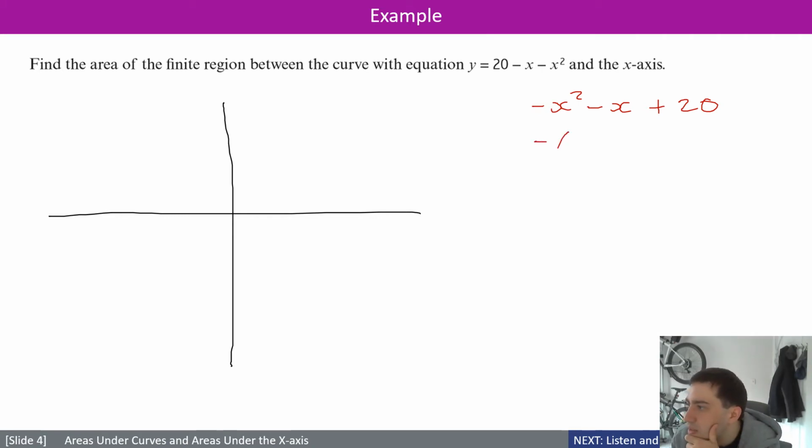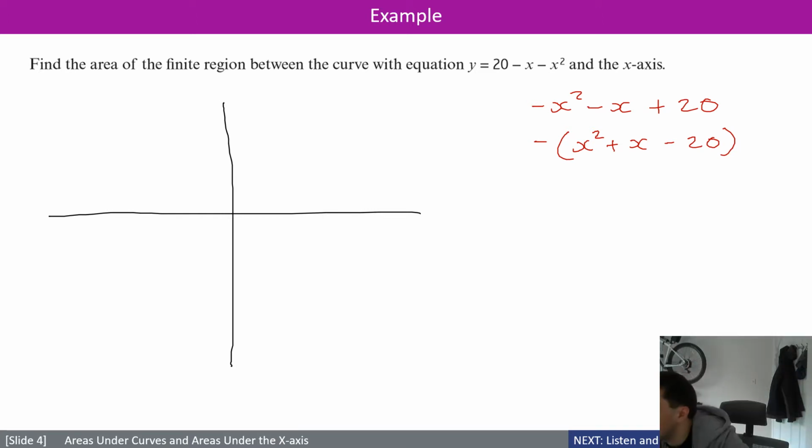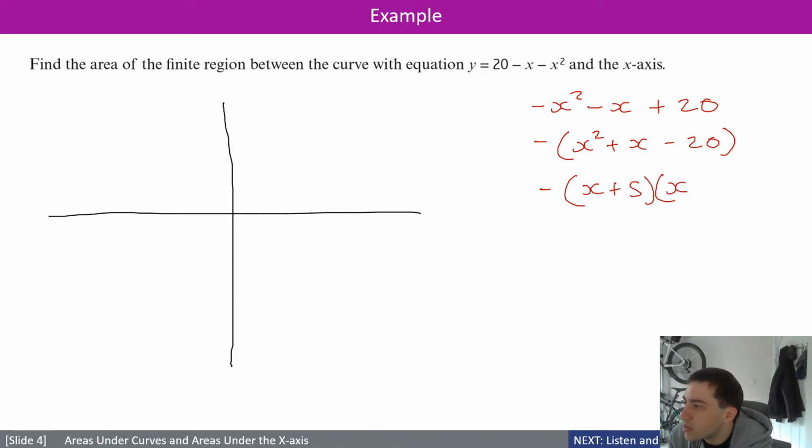I'm going to write this with a minus on the outside, so that we don't have to worry about the minus x squared. And then it should be 5 and minus 4, shouldn't it? x plus 5 and x minus 4.